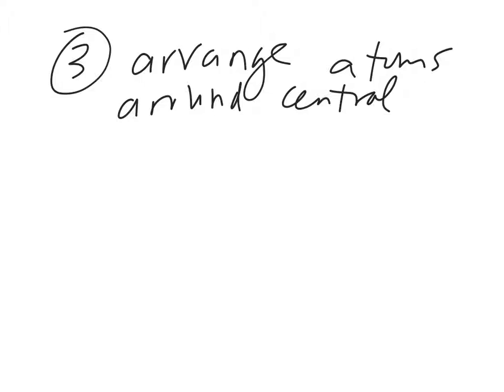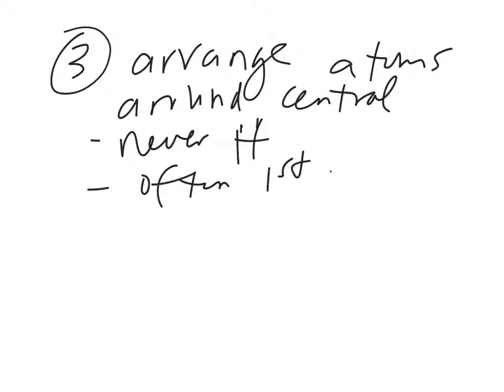First of all, we know that hydrogen can never be in the middle, and that's because hydrogen will only form one bond because it only needs 1 electron to complete its valence shell. So the middle atom is never hydrogen. The middle atom is often first in the formula.